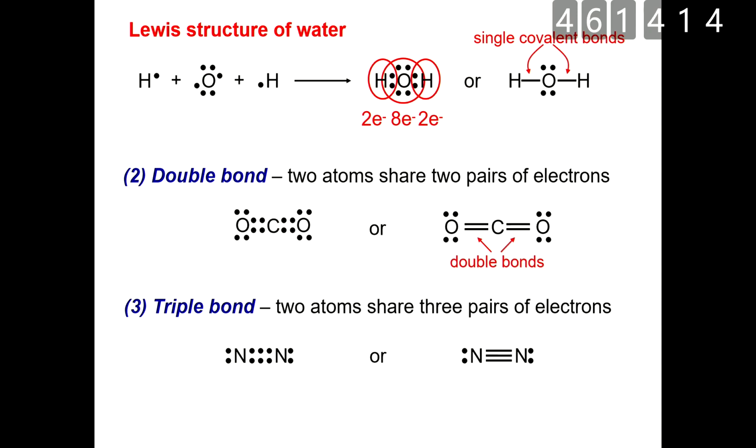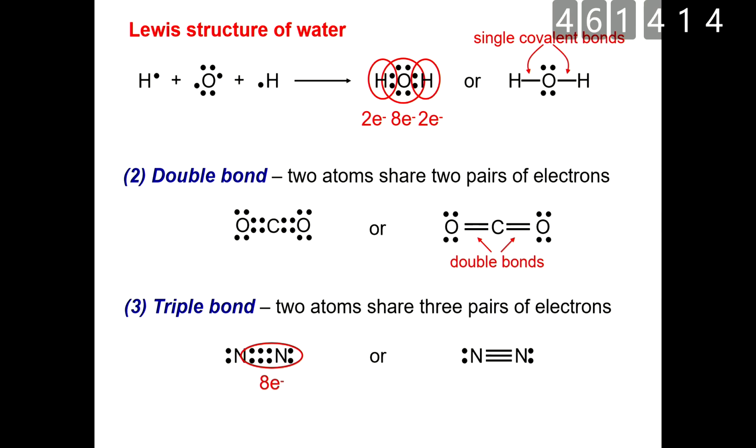Now for each nitrogen we calculate the electron number. This one has 6 plus 2, so a total of 8 electrons, and the other one also has 8 electrons.